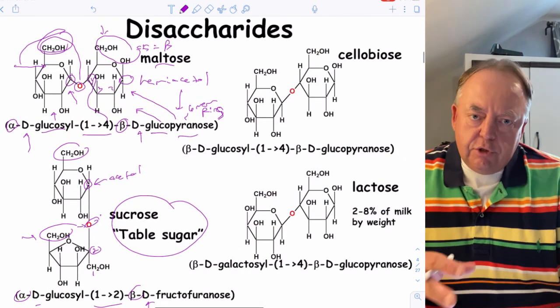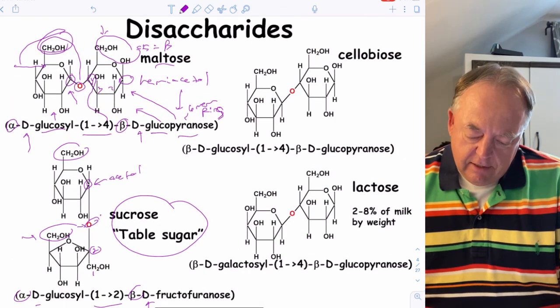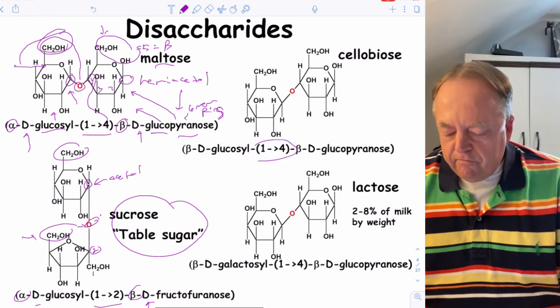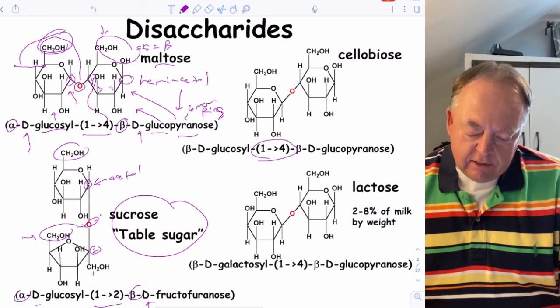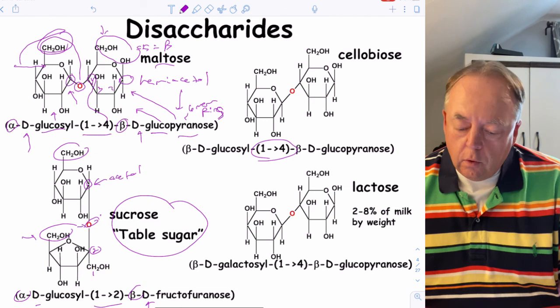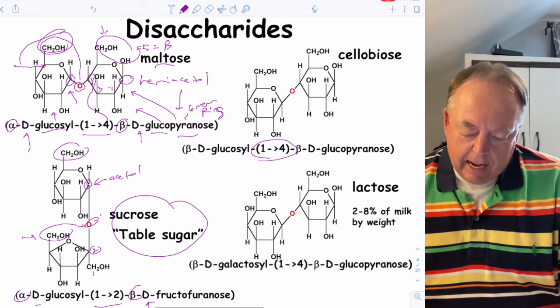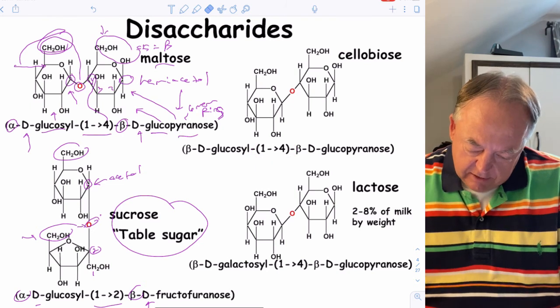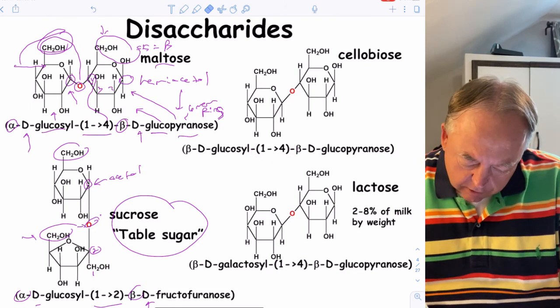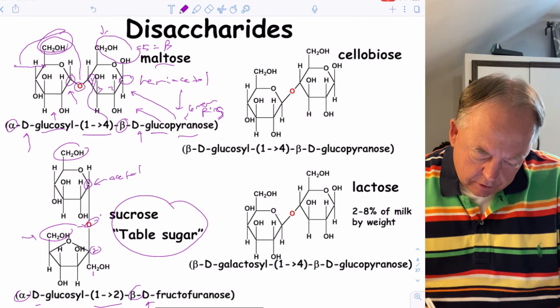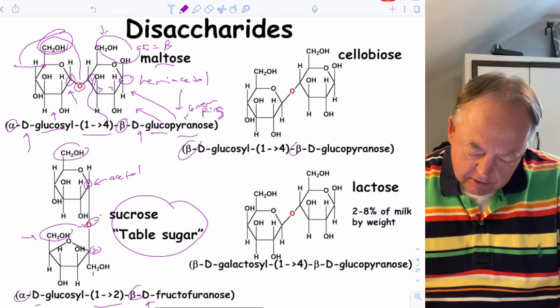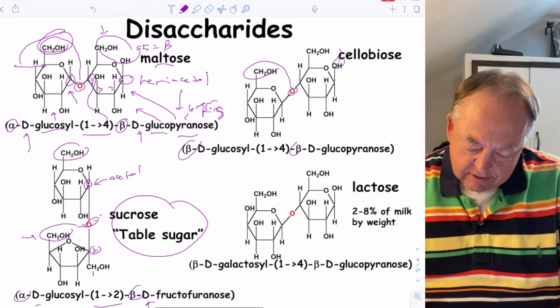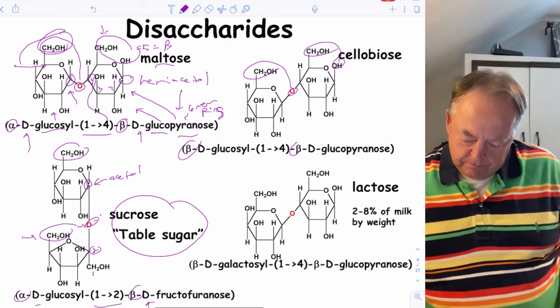One thing you should understand with disaccharides is, given a disaccharide, be able to classify the glycosidic bond as 1,2 or 1,4, for example, and whether it is an alpha or a beta linkage. Here both are beta, because this is cis to that, and this is cis to that.